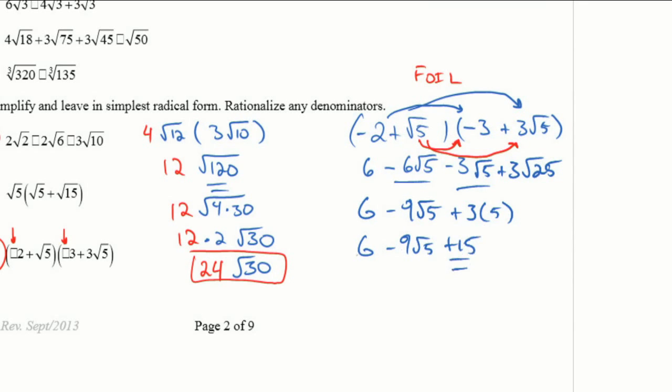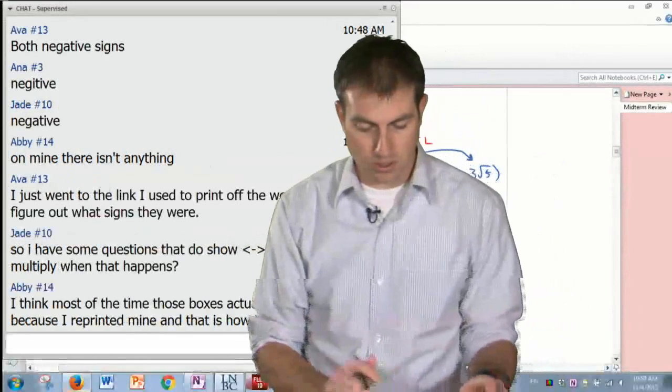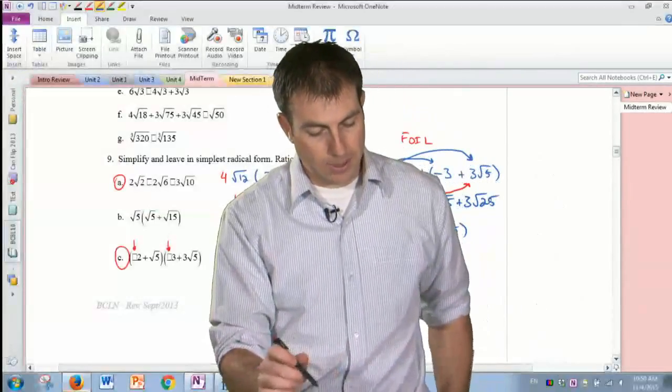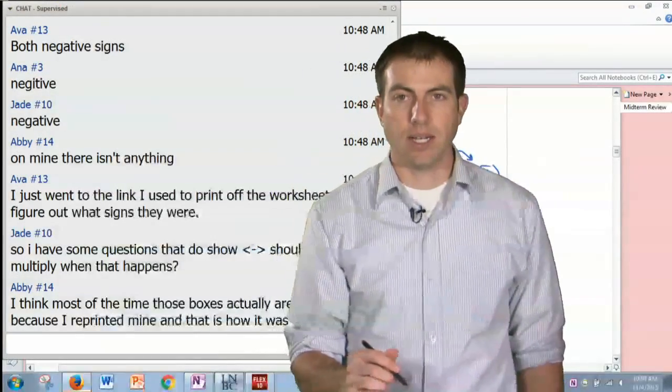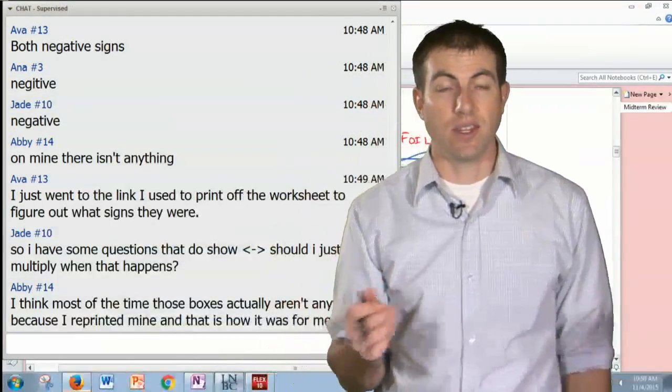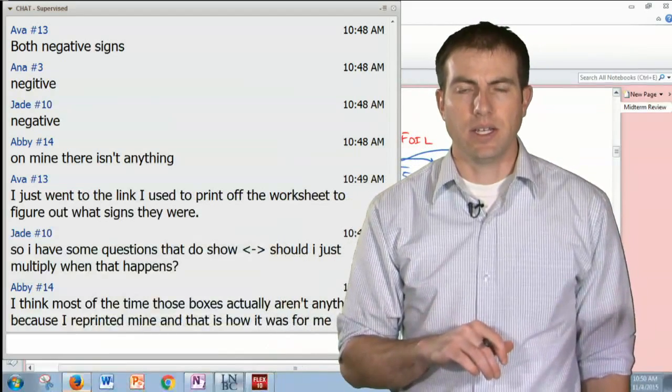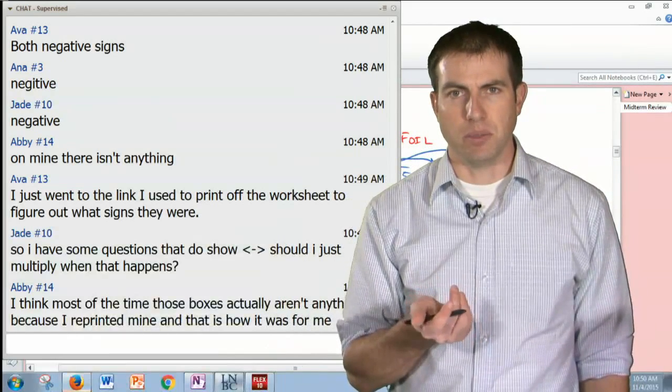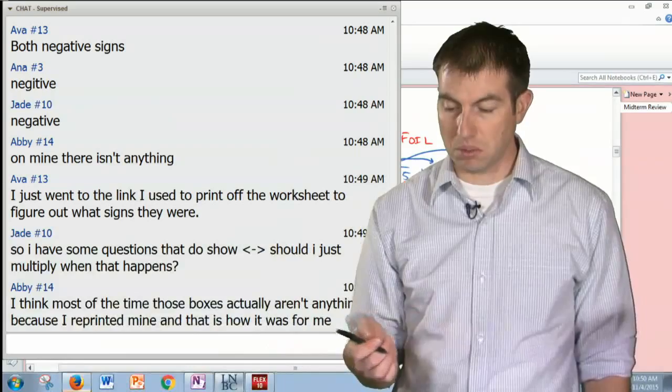I'm going to add my 15 and my 6 to give me 21 minus 9 root 5. I'll just go with that, being their negative signs there. If it was just nothing, then fair enough, there's nothing there. It just changes a little bit of the question, but the general idea behind it is probably the same.